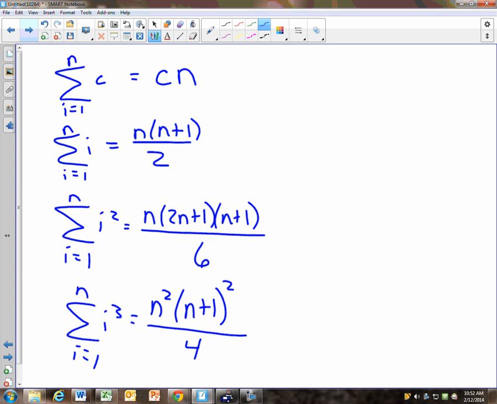These are 4 really, really important formulas that we're going to need to use. We proved all of them. I'll let you write them down and we'll talk about them.